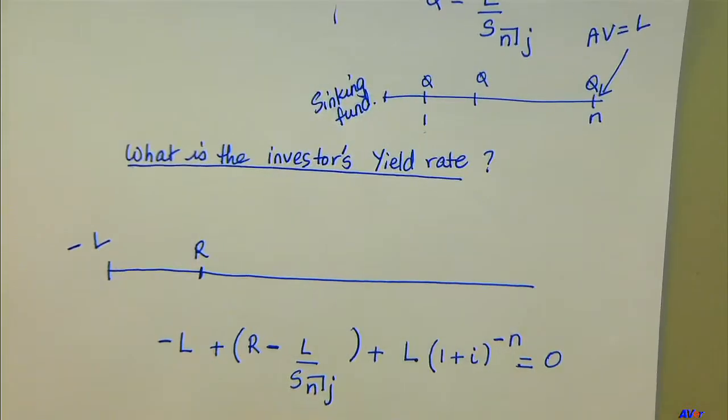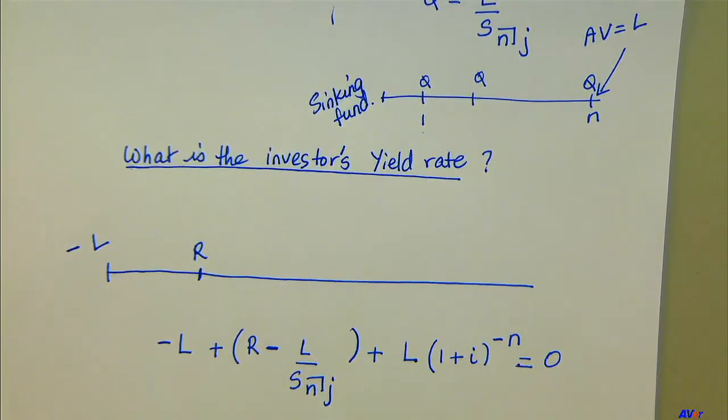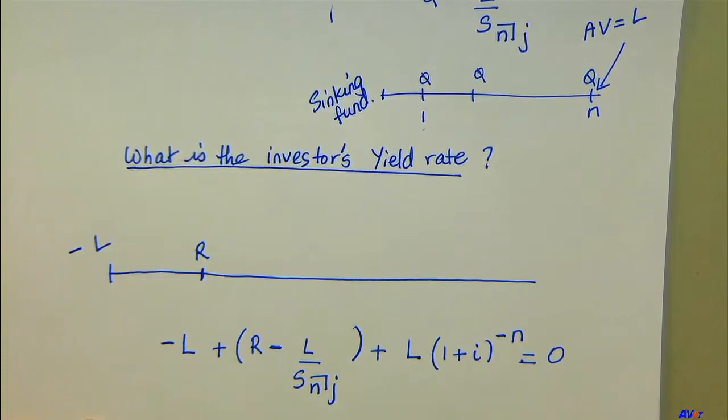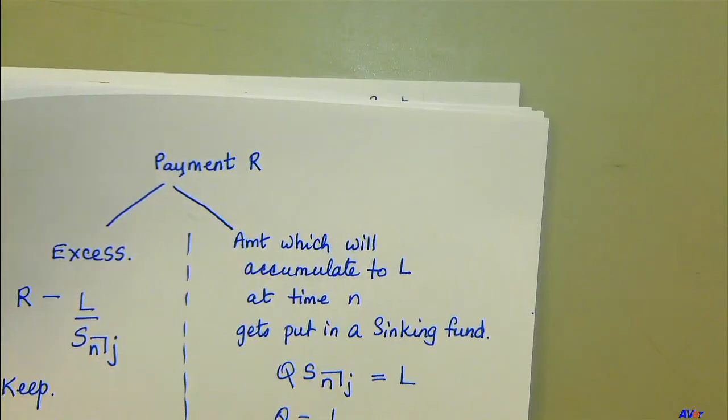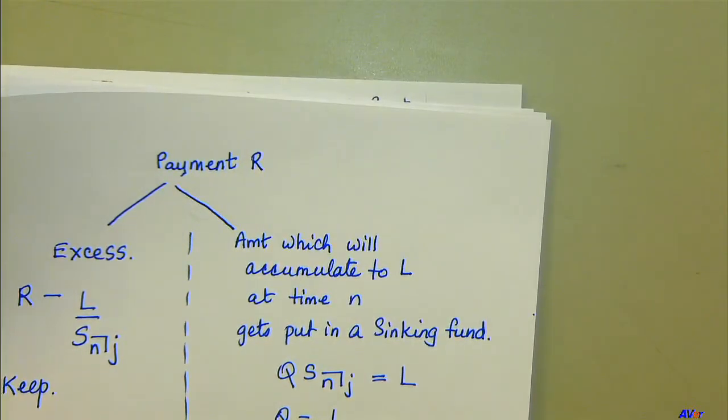See if this makes sense to you. The bank has loaned somebody L dollars. That somebody is going to make a payment of R back to the bank. The bank will take that payment of R and separate it into two pieces: the piece that's required to pay back the loan, because it's going to accumulate at time N to the loan amount L. So that piece is equal to L over s angle NJ.